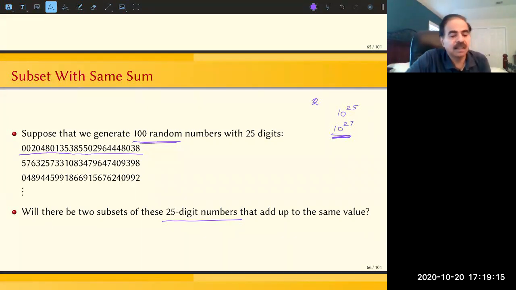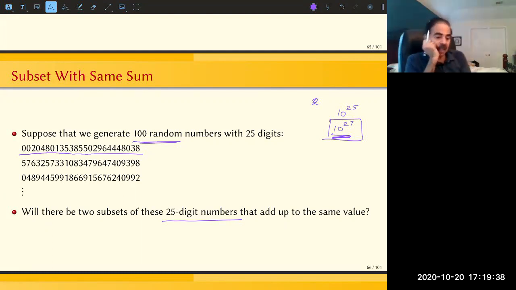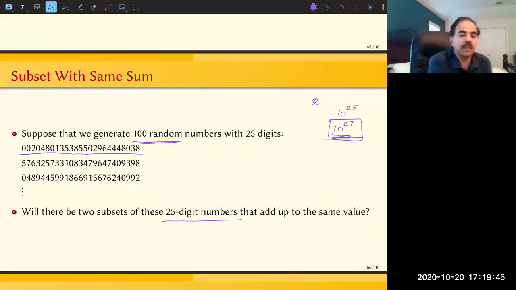The point is that the sum cannot be more than this. A 27-digit number can only represent 10 to the power 27 possibilities, so the result of adding any subset of numbers is going to be within 10 to the power 27.